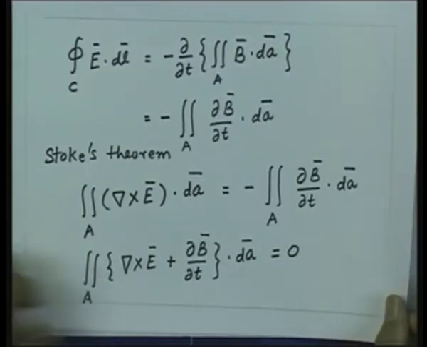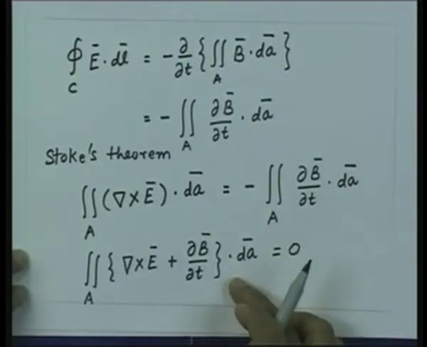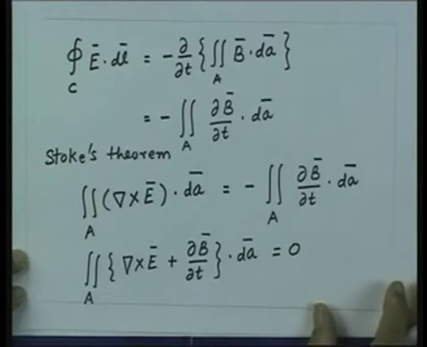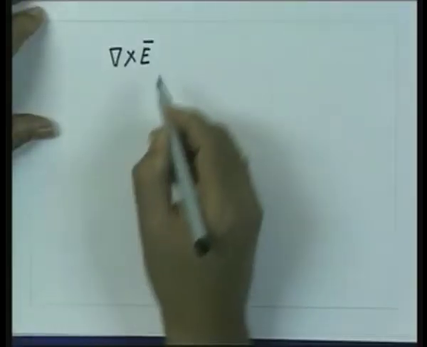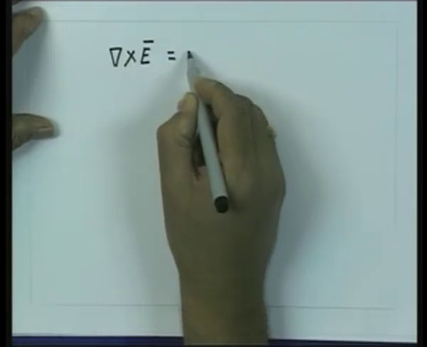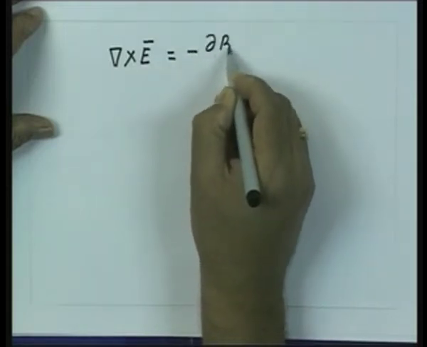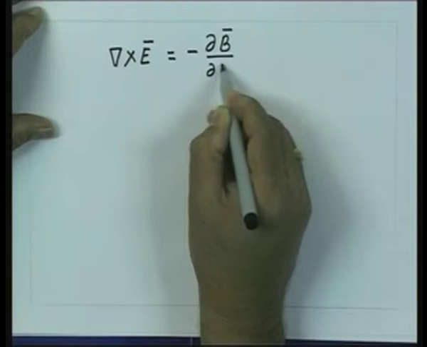And since again this relation should be valid for any arbitrary area, this integrand should be identically 0. So, from here we get del cross E is equal to minus dB by dt.